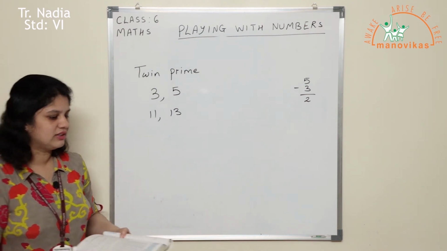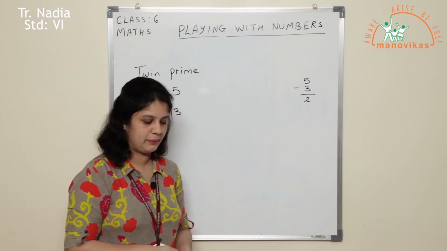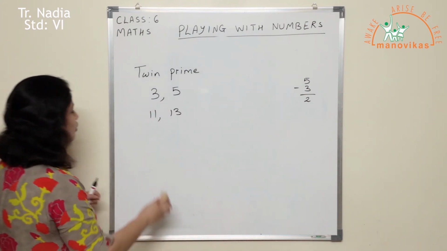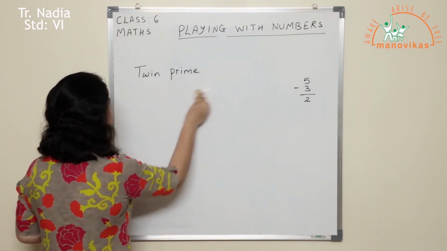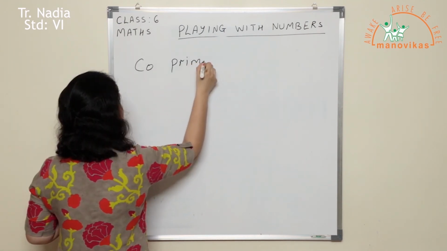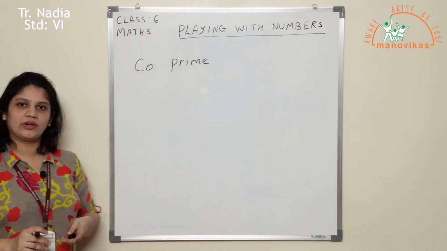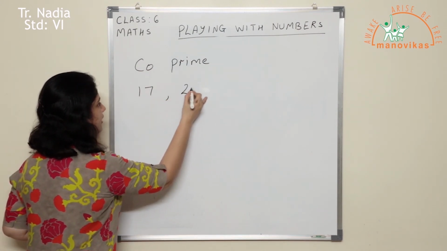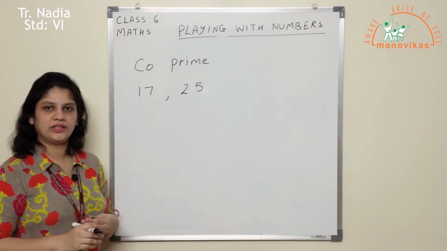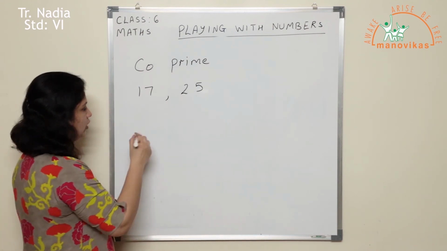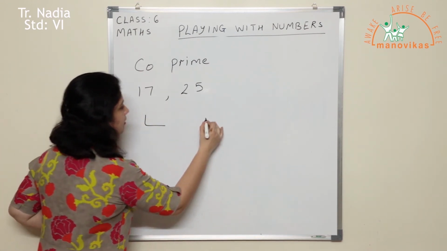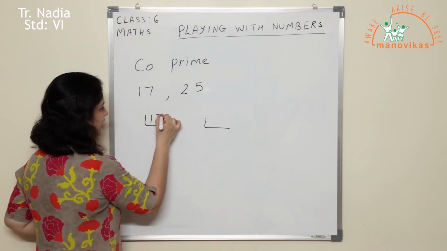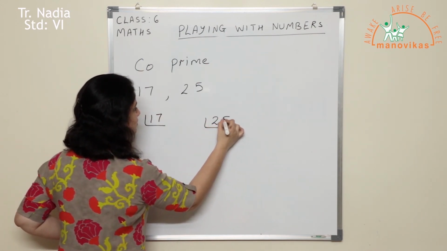Then another important thing that you need to know here is co-prime. What do you mean by co-prime numbers? Okay, now let us understand what are co-prime numbers. Say you are given 2 numbers 17 and 25 and asked to find out whether they are co-prime. So what we do is we factorize each number which is given. I'll factorize 17 and I'll factorize 25.